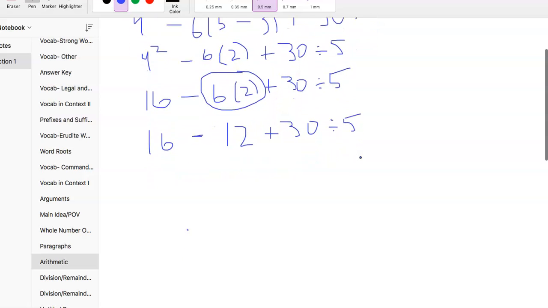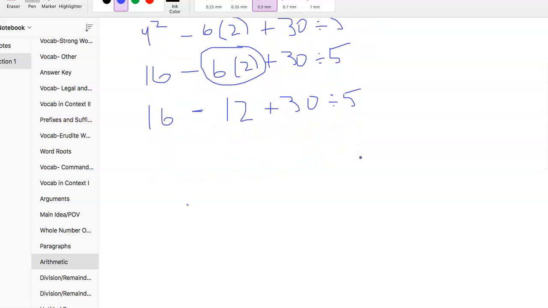Okay, and so what do we have left? Divide, add, and subtract. Okay, and this is usually where people make a mistake and then they start just going left to right like you would think you should, right? But it ends up that's not what you're supposed to do. So 30 divided by 5 is 6. And then carry the rest of the stuff.